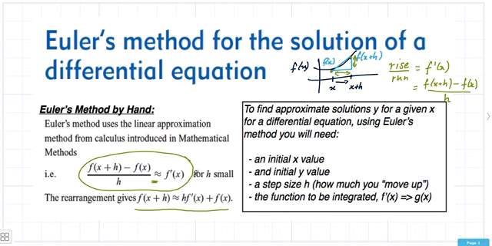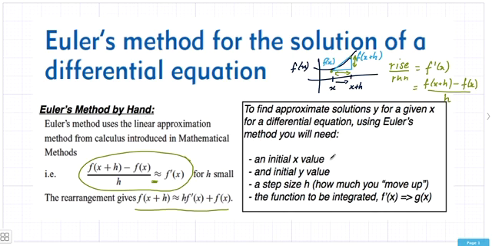So all we've done is brought the h up to the right side and added the f of x on. This rearranged version is what we're going to use for Euler's method, and it is used to find approximate solutions. Now we know this is used to find approximate derivatives, so this is why our solutions using this method are approximate.